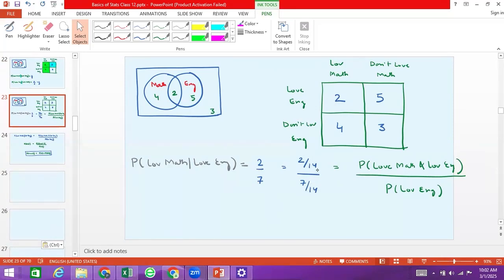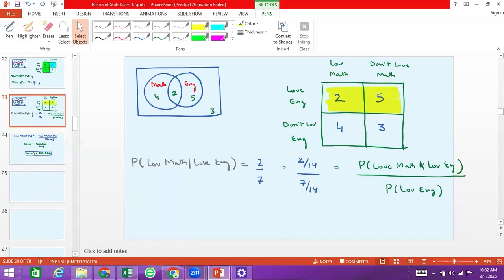What is 2 by 14? 2 by 14 is the probability of loving math and loving English. Similarly, 7 by 14 is the probability of loving English. If you look at this, there are 7 here who love English: 5 plus 2.